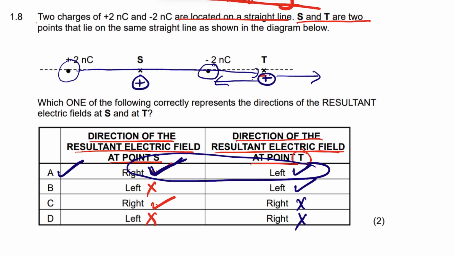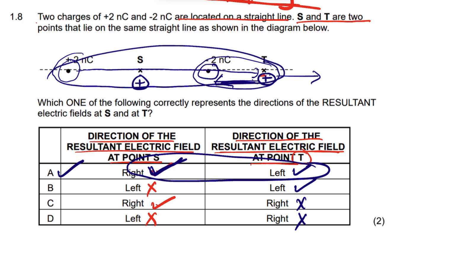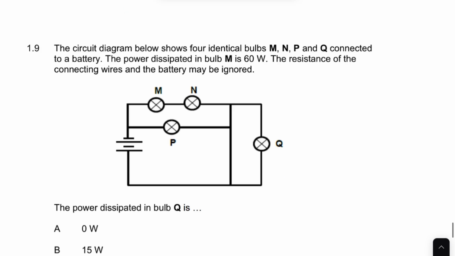But the one that wins is this direction, which is left. Why? Because the electric field between these two is happening at a shorter distance, so it's going to be bigger than the electric field between these other two, right? So the answer there is left. I hope I make sense, guys. The answer is A there.